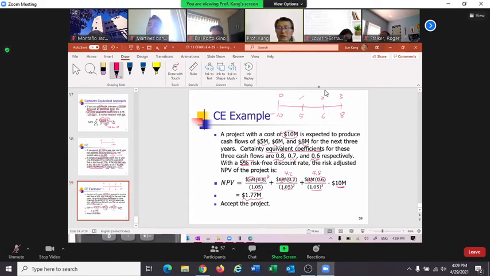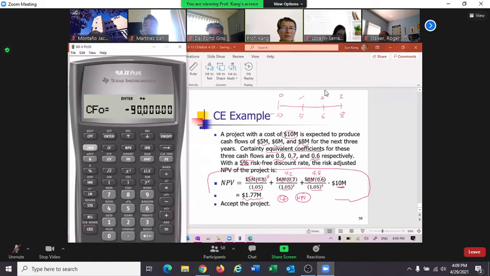So this is to explain what's going on, right? But when it comes to solving the problem, just cash flow and NPV, right? So using our technology, cash flow. Second, clear work. And CF0 is what?